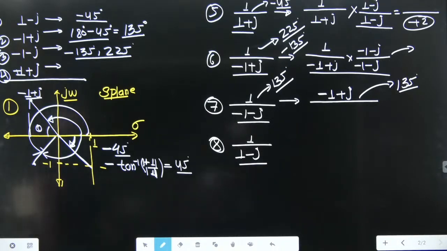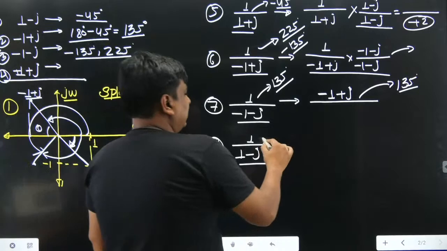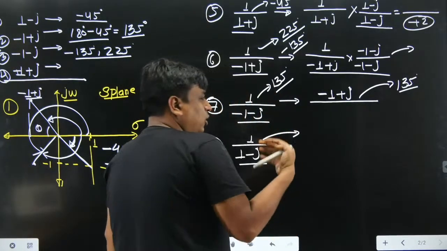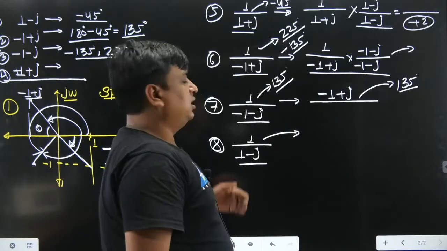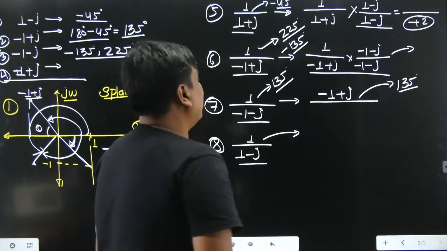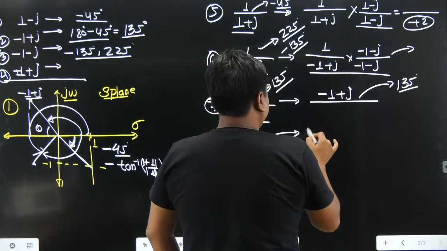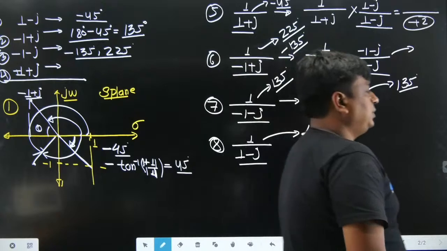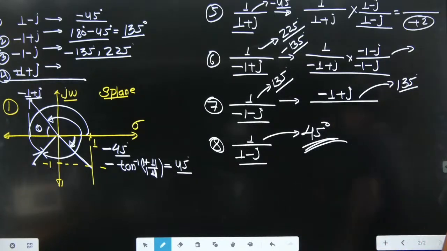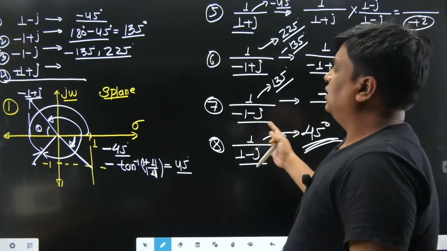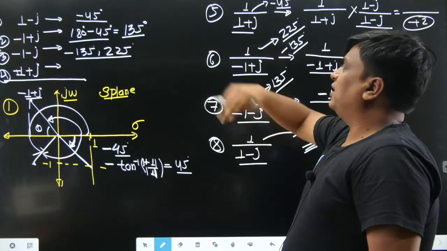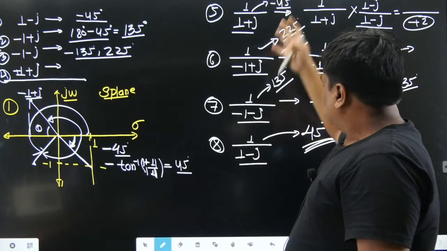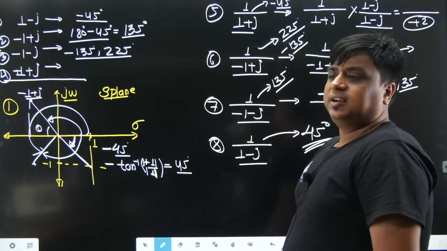In the same sequence, if you talk about 1 upon 1 minus j, the same thing happens. Once you take its complex conjugate multiplied towards numerator as well as denominator, towards the numerator side 1 plus j would come out, and the angle which we are supposed to get is 45 degree. So I think you could relate why the angle for this transfer function is calculated early, and why this transfer function has been brought in to take its angle.